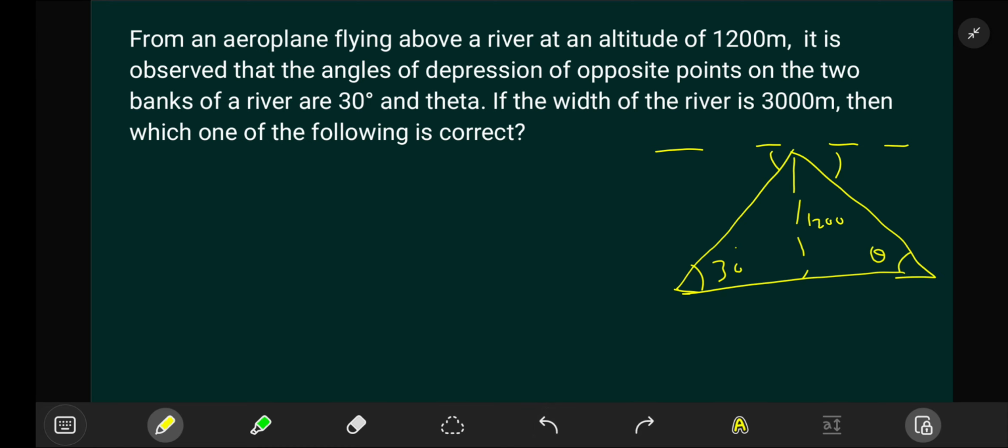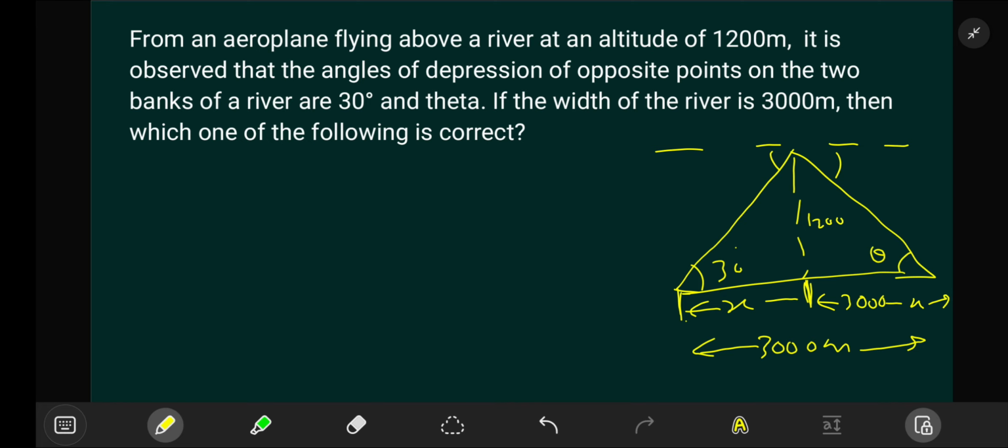Now this complete distance, complete width is 3000 meters. Let us assume this side, this length is x and this length will be 3000 minus x. Sir, no, the complete distance is x? So I assumed complete distance is 3000 meters. I assumed this length is x and remaining will be 3000 minus x only.